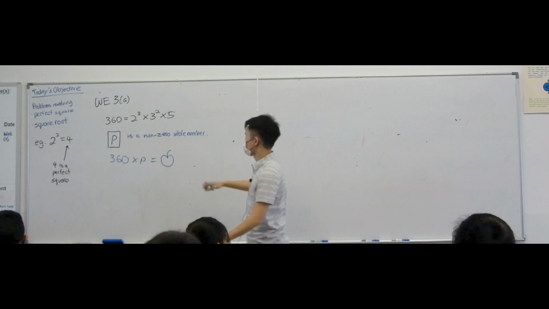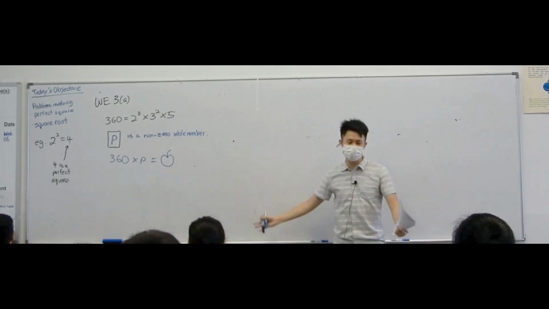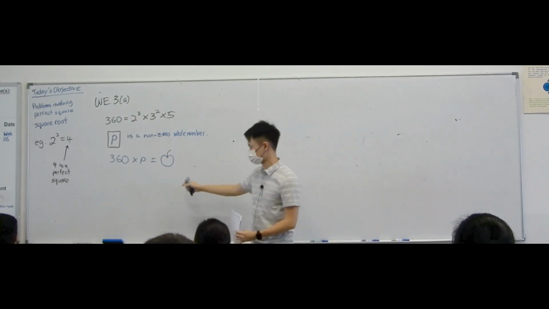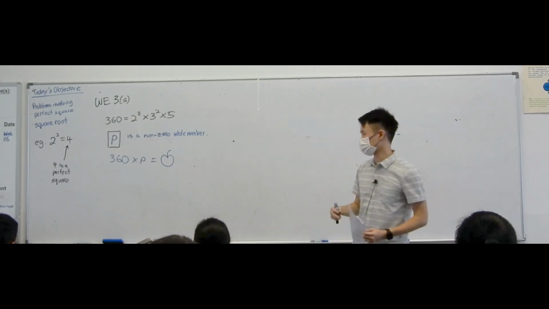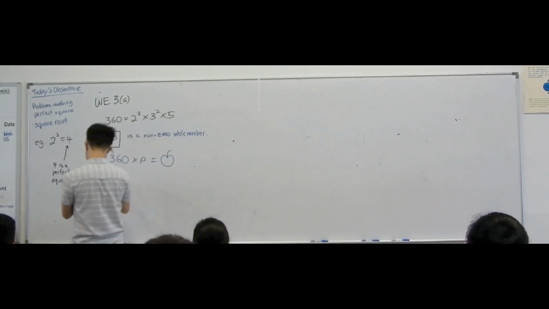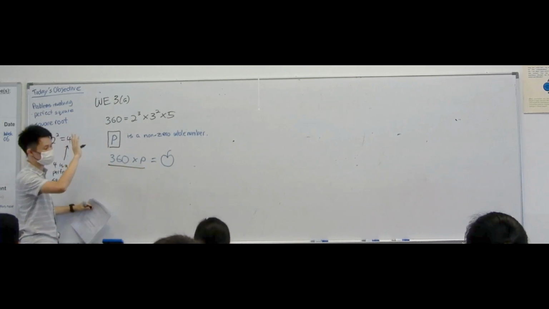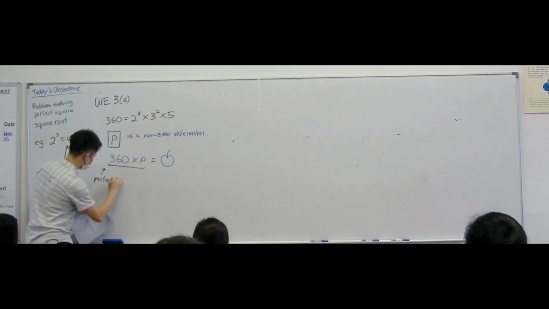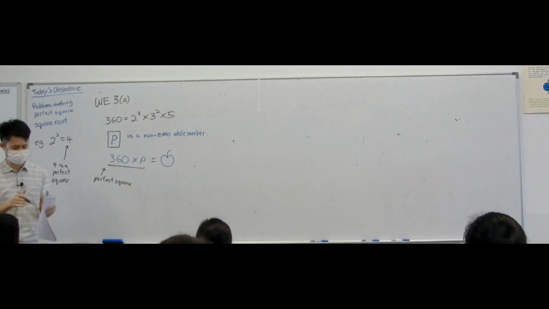Now, this elephant in the room, this cherry in the room, we're going to deduce what it is first, because this is going to help us deduce what P is. We know that this entire value, this cherry in the room, is a perfect square.